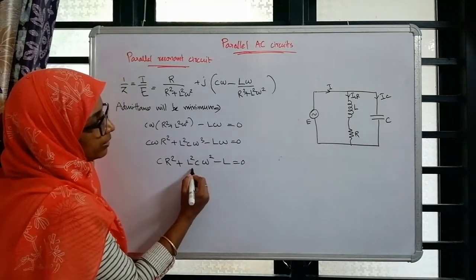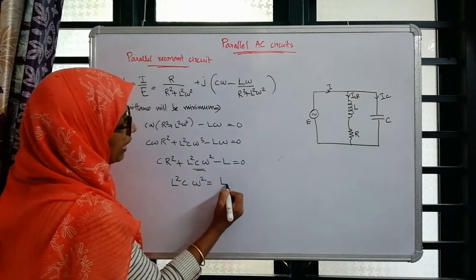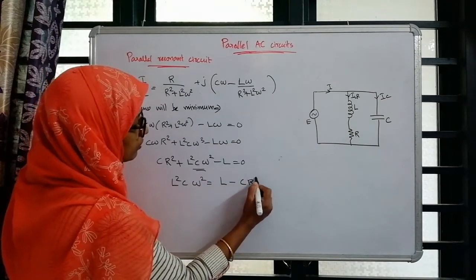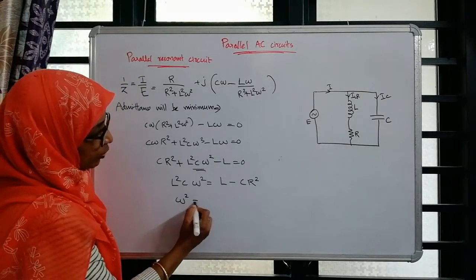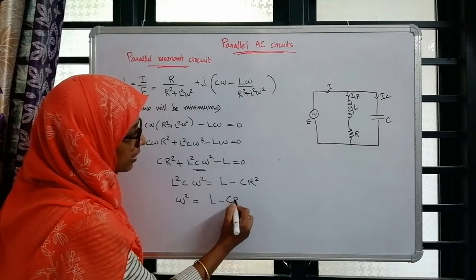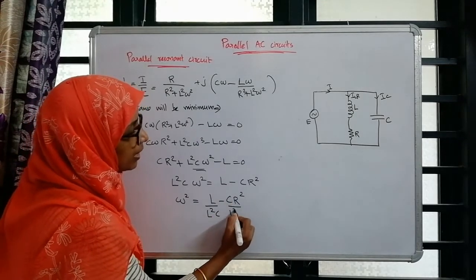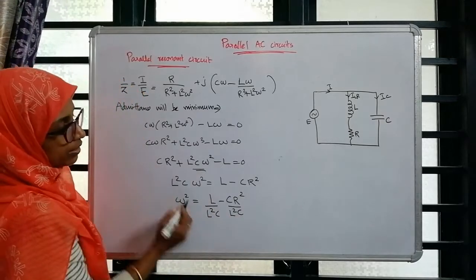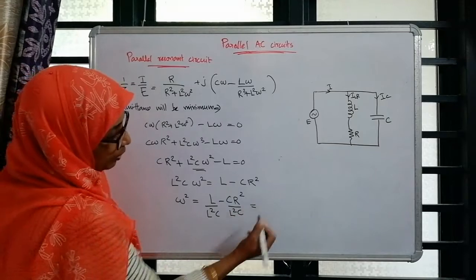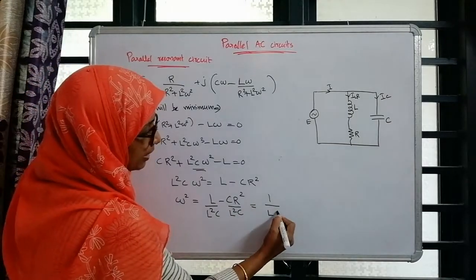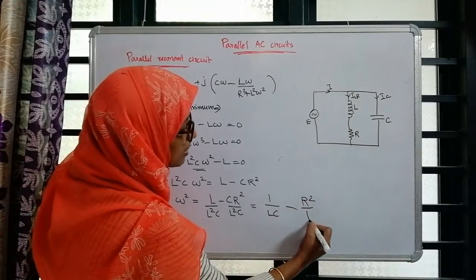Now, I am going to take this term only on the LHS. L square C omega square is equal to L minus CR square. And also, omega square is equal to L minus CR square divided by L square C. Taking this term into the RHS and dividing with these two terms, this will be equal to 1 by LC minus R square by L square.